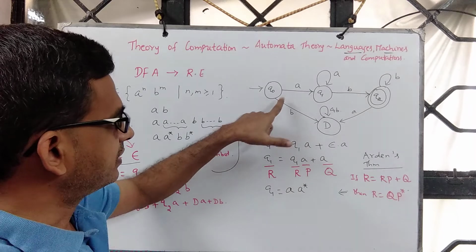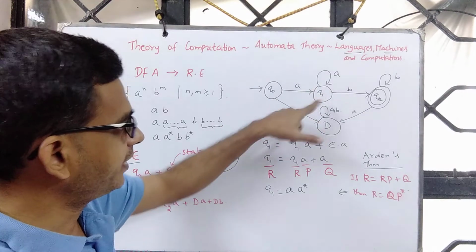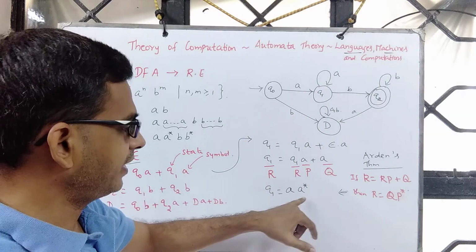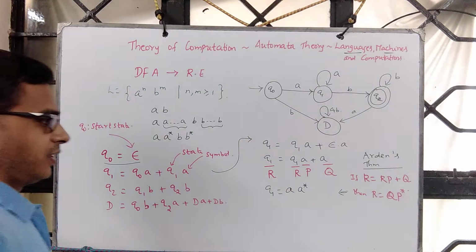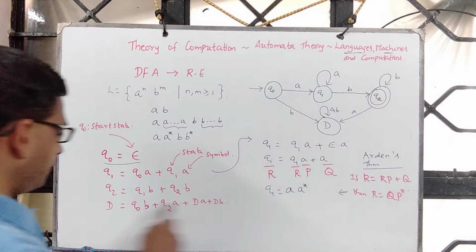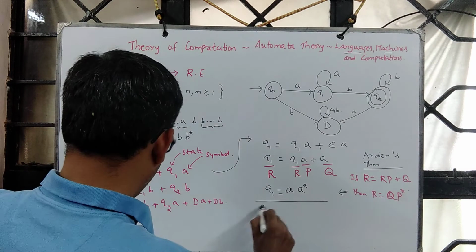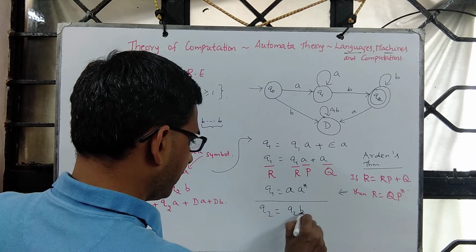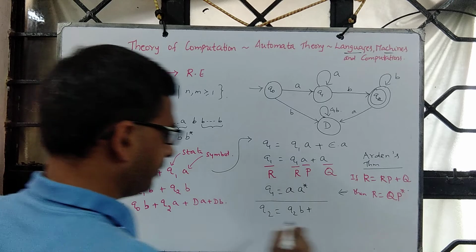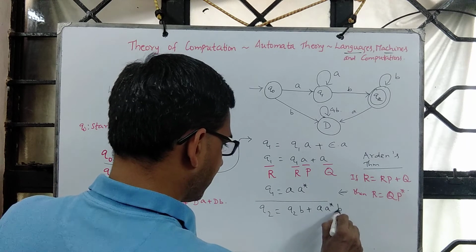If you look at this starting from here, you can read A and continue to read A, so which means you get A star at Q1. Now use this value to solve for Q2, and Q2 says it is Q2 B plus Q1 B. Q1 B is A star B.